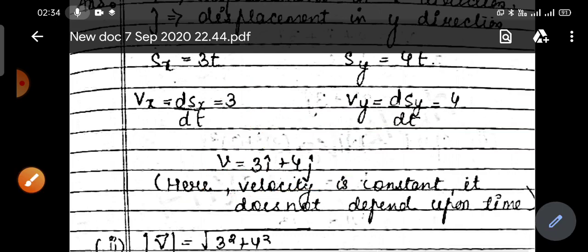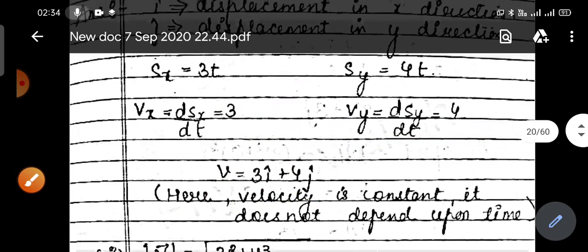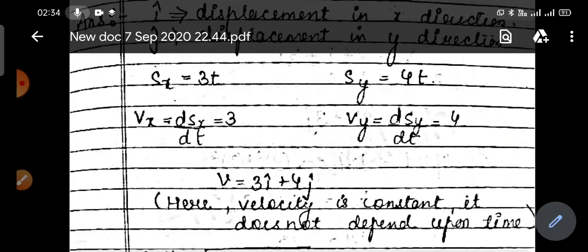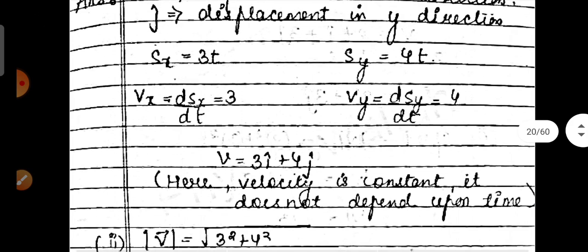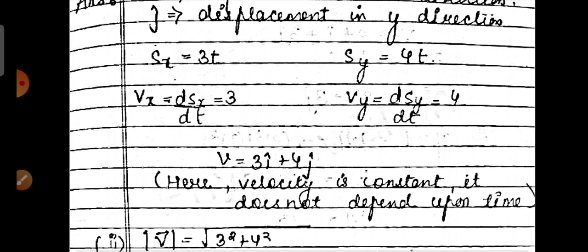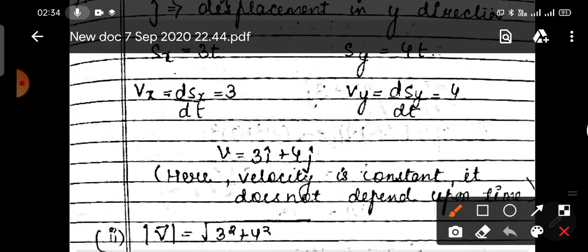Now how to find out the speed from this equation? Now you know that velocity and speed are the same kind of thing, but velocity has a direction, but speed does not have any direction. So if you find out the mod of v, then you will get the speed. So mod of v is equal to how much?